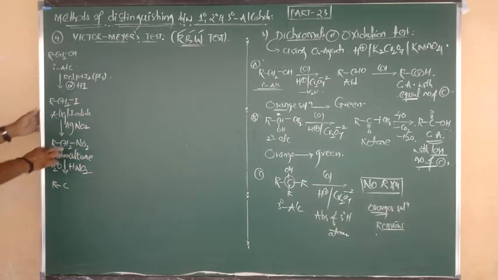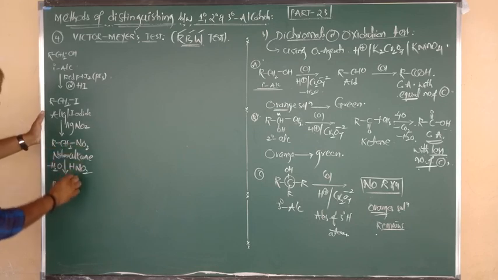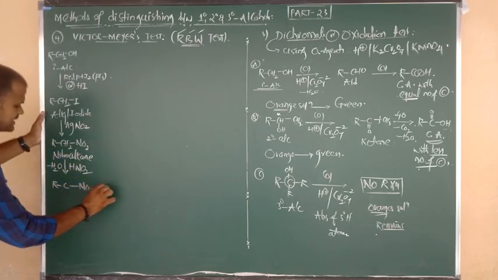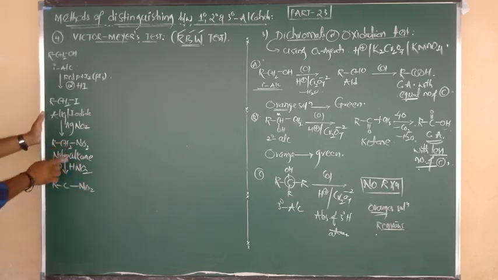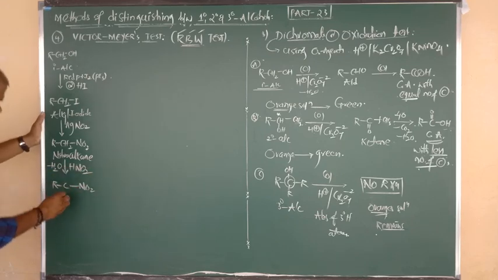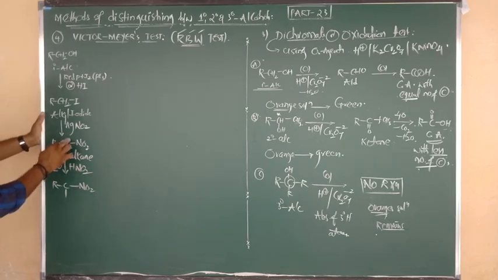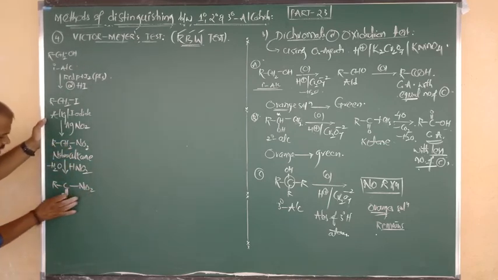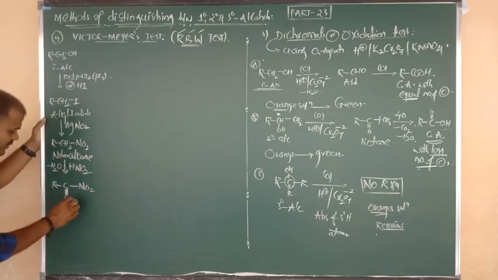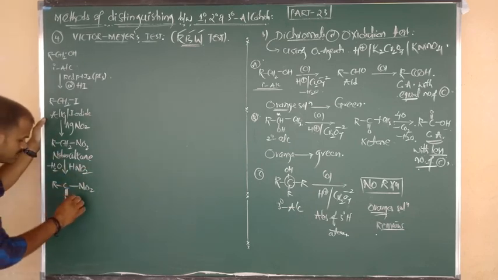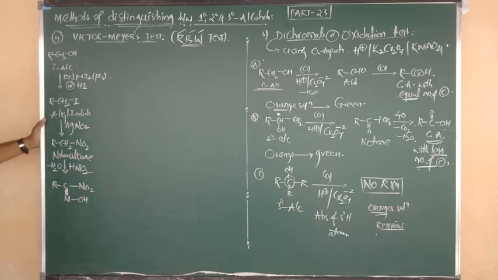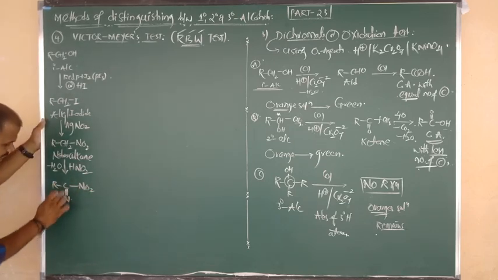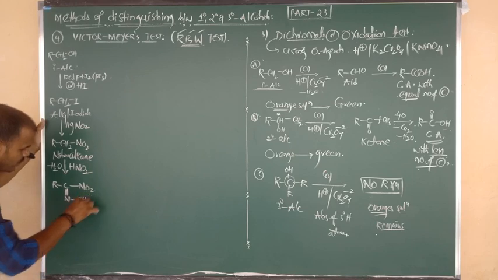Two hydrogens are removed. Now C is connected to NO2, I am writing as it is. Here one nitrogen is there and one oxygen is there. After removal of two hydrogens, we have to write a double bond. Here one nitrogen is left, one oxygen, and one hydrogen is also left because one oxygen was removed. So the remaining is one oxygen and one hydrogen. This is your formula: C double bond N bonded to OH.